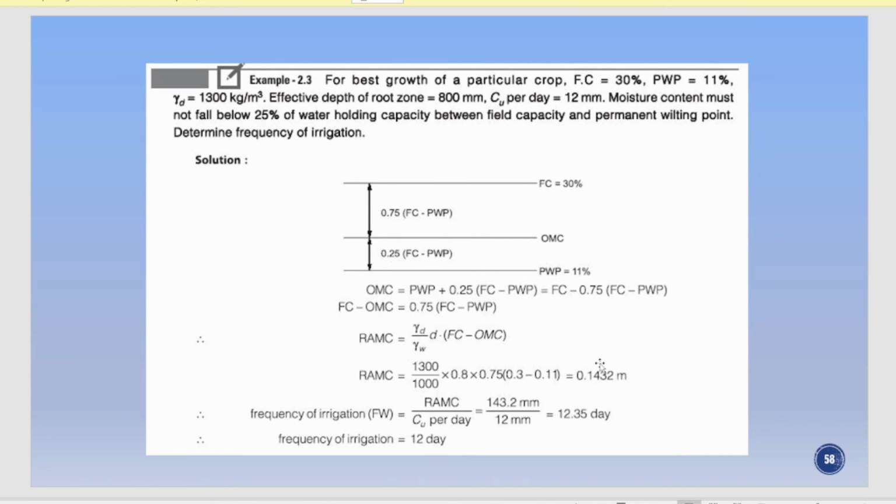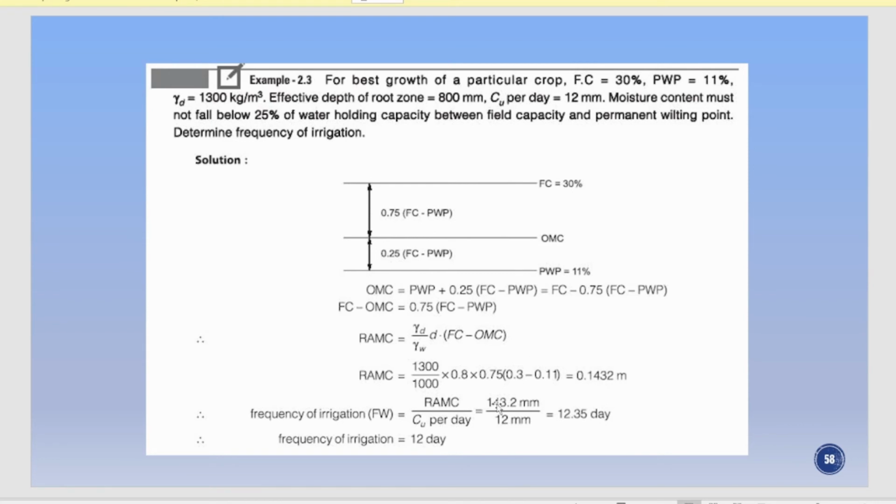Now we need to understand how frequently we need to apply water. The plant will keep on consuming the available water between FC and OMC. When the water reaches OMC, we need to start applying water again and fill it up to field capacity. As you know, the daily consumption is 12 mm of water.